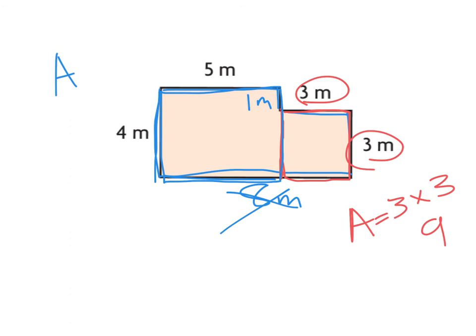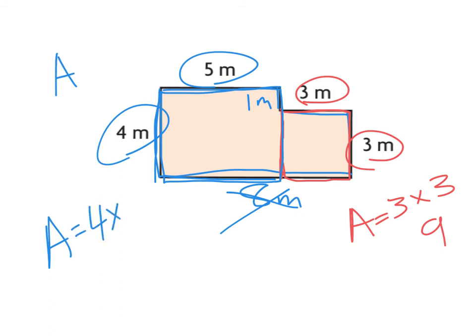Because when I split it up, now that I have a square and a rectangle, I'm really looking for my length and my width. Well, I know it's not 8 because my 8 was all the way across the bottom. I'm not going all the way across the bottom now. I'm going part of the way across the bottom. I'm going to focus more on the 5 and the 4 because those are truly now my length and width. And so now I'm going to come over and I'm going to say area for this is going to equal 4 times 5. Or 5 times 4, it doesn't matter. And I could say, okay, well, that's going to give me 20.